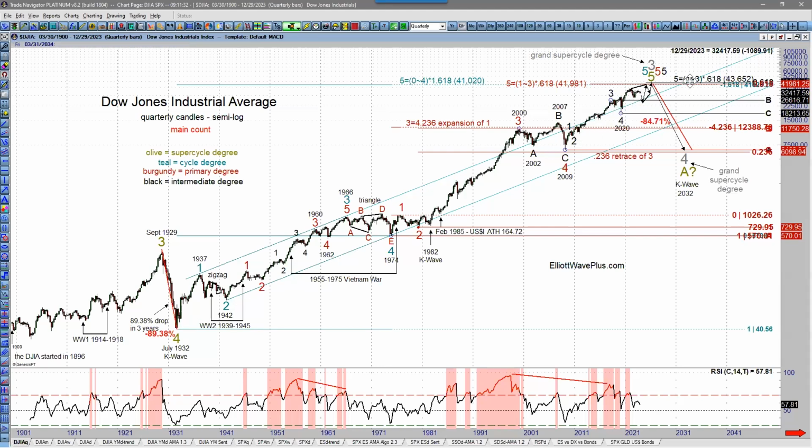And the best target, using the same system as I used here for the end of black wave 5, would be equal to the net traveled of 1 through 3 times 0.618 on the Similog chart, and that's up at 43,652. So I've got a cluster of targets up there on the Dow. None of those have been hit yet.